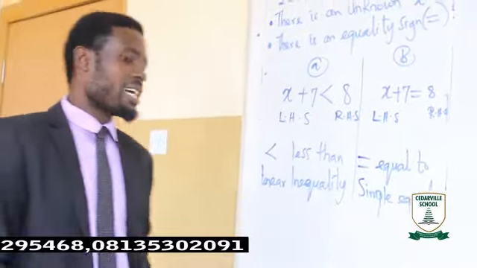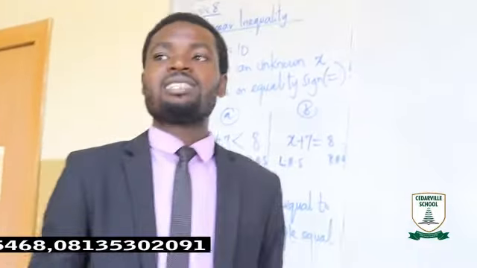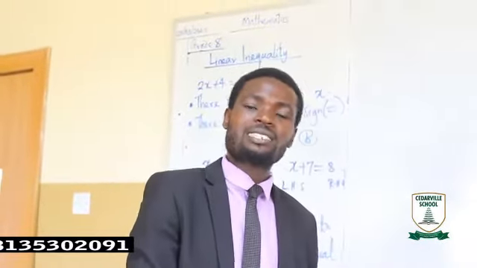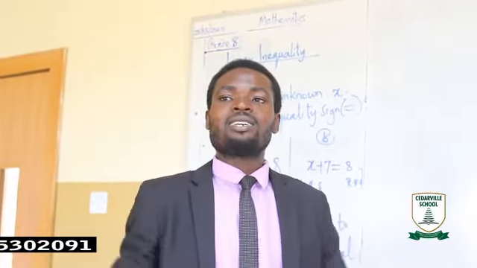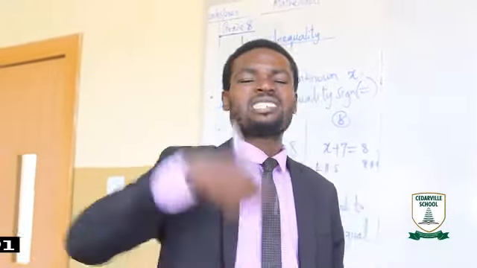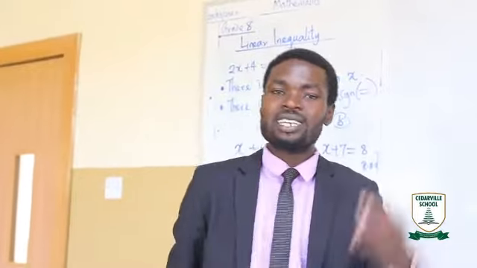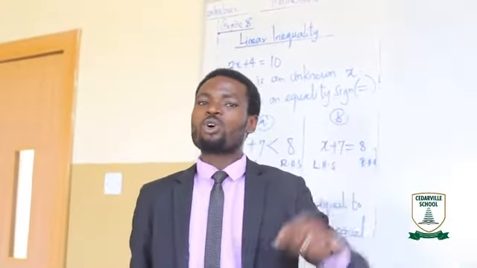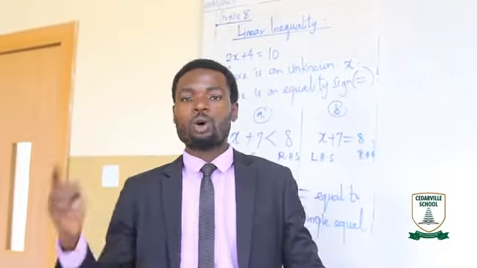Now I can say that a linear inequality is an expression with a left hand side and a right hand side combined or joined together by an inequality symbol, which can be less than, greater than, greater than or equal to, or less than or equal to.